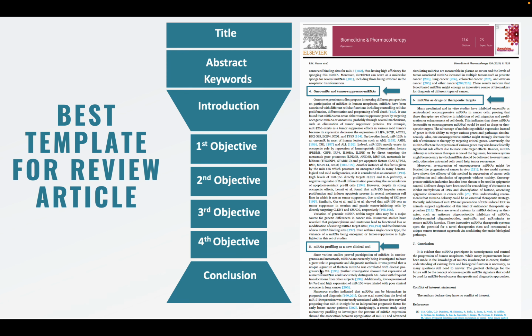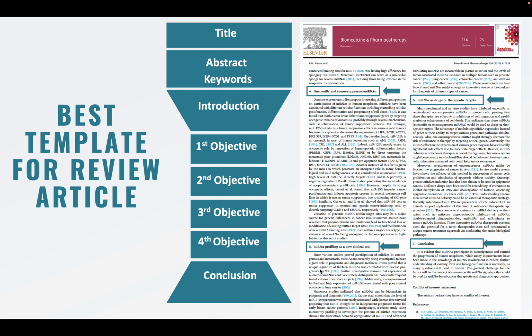These are the important objectives for the previous title, role of microRNA in cancer progression. And the last section is called conclusion. This is the conclusion. And through this simple writing, we reached an impact factor of 7.5.